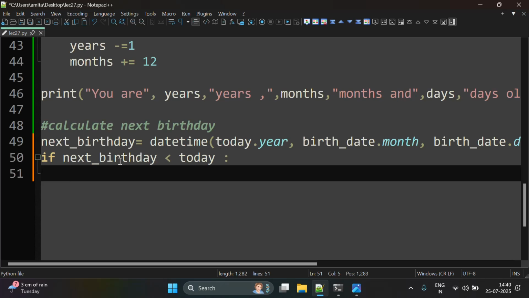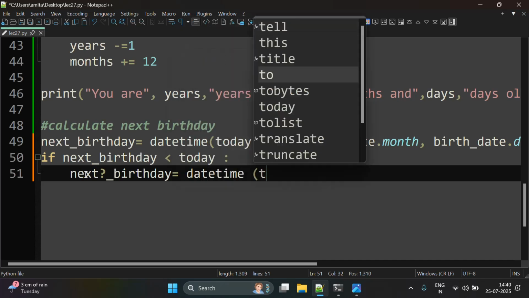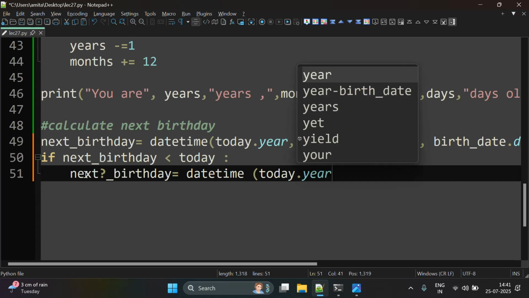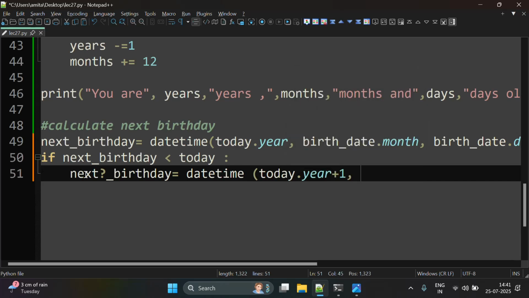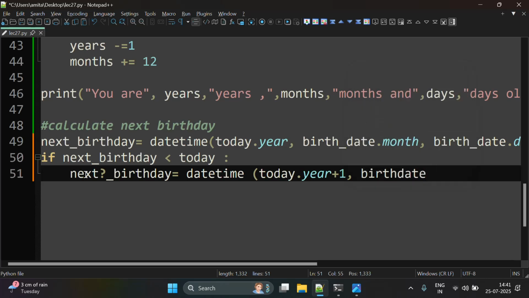So if the next birthday is less than today, what we will do is next birthday equals datetime today dot year plus 1. So it means if the birthday has already occurred, like 29th June 2025, then we have to take the year of the next birthday.